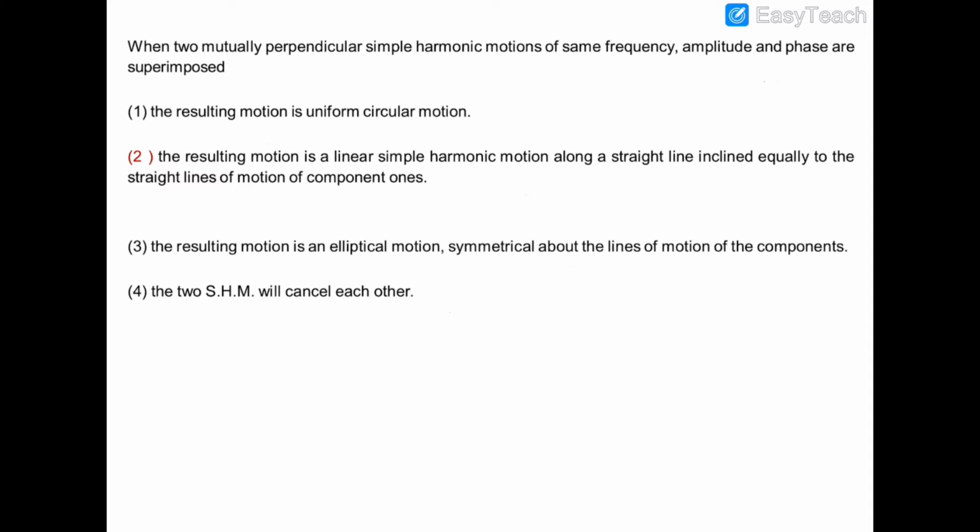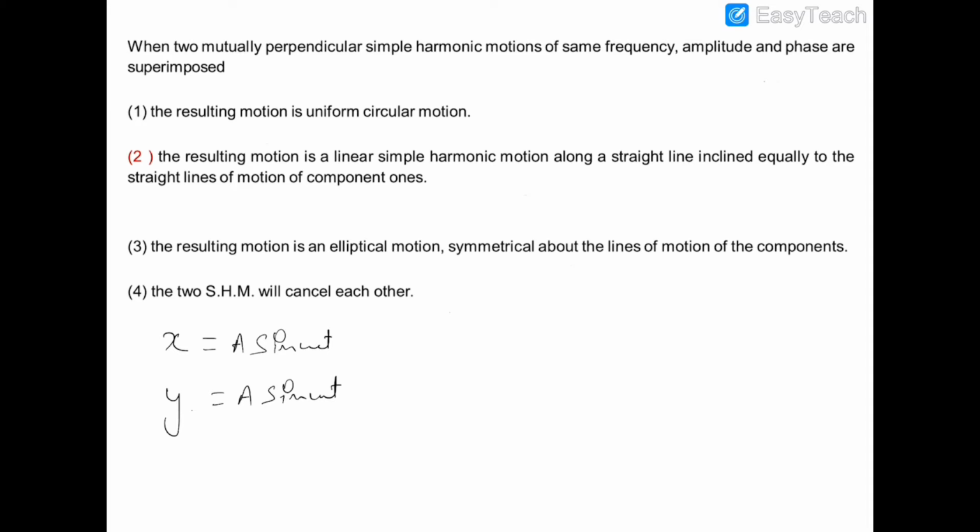So we have already studied this topic as Lissajous figures, and I'll again remind you that in this case the first SHM is, let's suppose, x is equal to a sine omega t, and the second SHM would be in the y-axis. So this y is equal to a sine omega t.